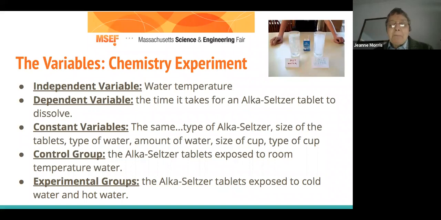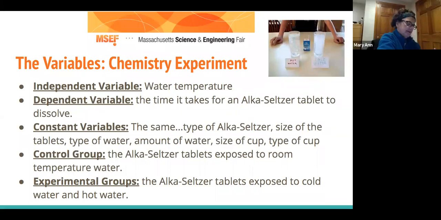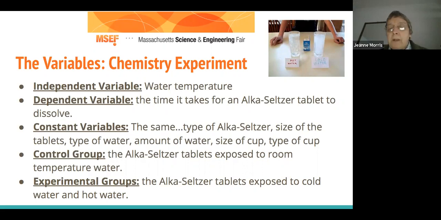What I try to have them do is figure out what it is that they're trying to solve in their problem statement. Yeah. So what effect does water temperature have on the rate of Alka-Seltzer?